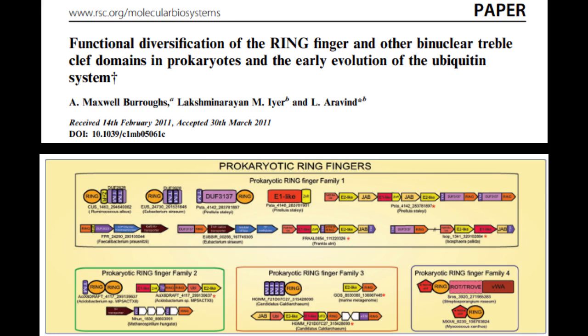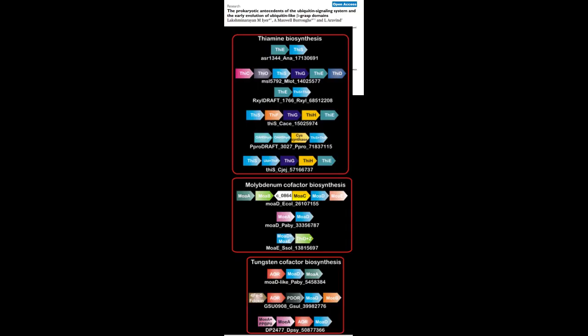Right. And previous to the discoveries of E2 and E3, they were shown to be involved in synthesis of those cofactors, thiamine and molybdenum. Yes. So that's what they thought the origins was like. This is where it originated, and then in eukaryotes you had this assembly and evolution that took place that led to the ubiquitin system.